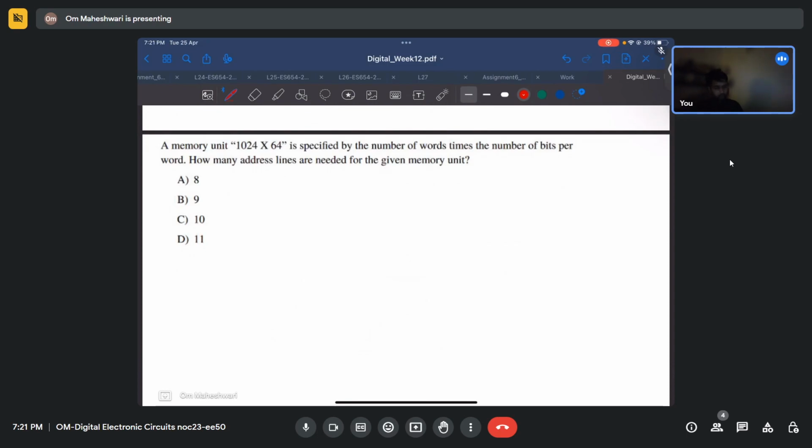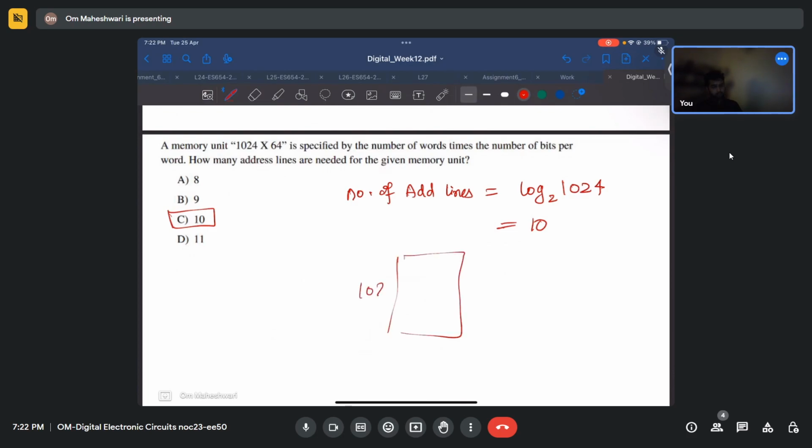A memory unit 1024 is specified the number of words times the number of bits, how many address lines? Again, I told you earlier, the number of address lines equals log base 2 of 1024. That is 10. So it is like you have 1024 cross 64.